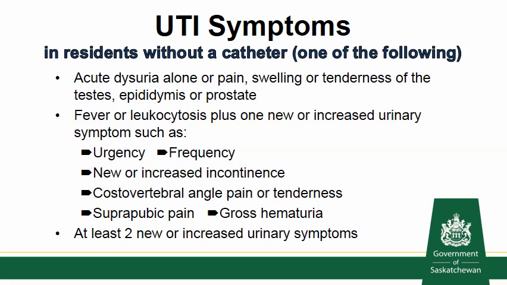For those residents without a catheter, you should have or meet at least one of these criteria: acute dysuria or painful urine, or acute pain, swelling, or tenderness of the testes, epididymis, or prostate, fever, which is a temperature of 37.8 degrees centigrade, or repeated oral temperature of greater than 37.2, or a single temperature greater than 1.1 over the baseline, or leukocytosis, which is an increased white blood cell count, and one of the following new or increased localized urinary symptoms, which are urgency, frequency, incontinence, suprapubic pain, costovertebral or flank pain, or tenderness or gross hematuria.